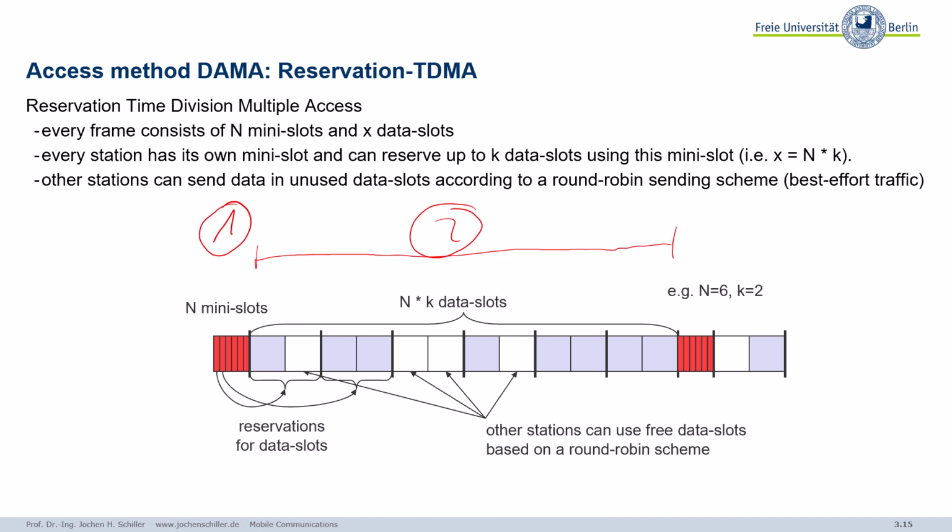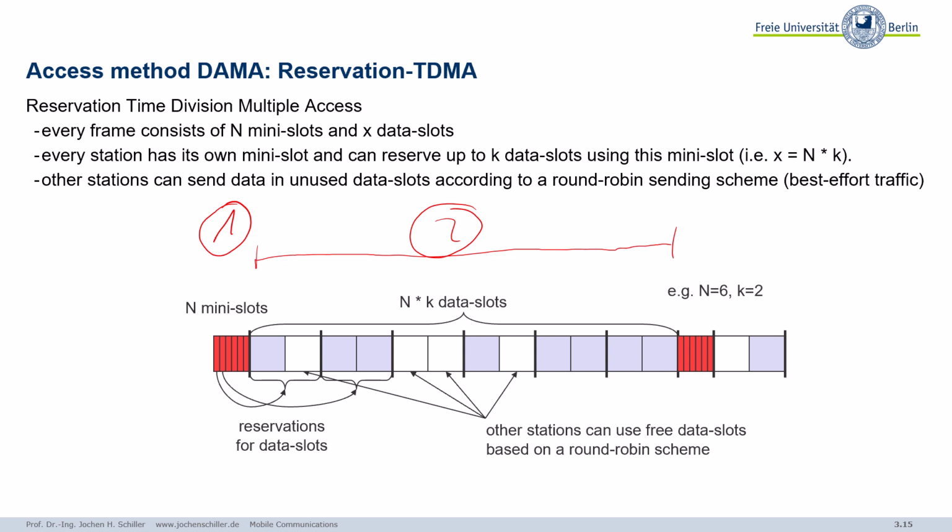That's the idea. Now in this scenario, each of these mini slots, and this is where the competition happens, each of the mini slots actually reflects a reservation for a certain number of data slots.